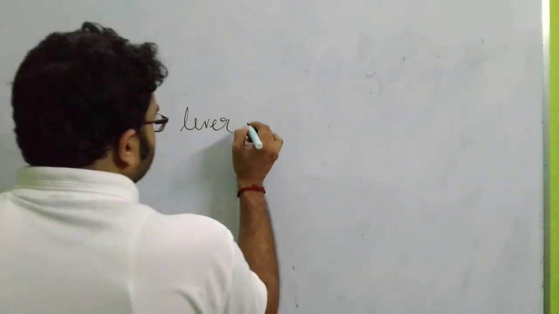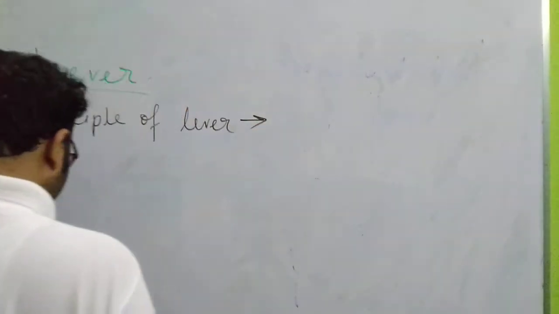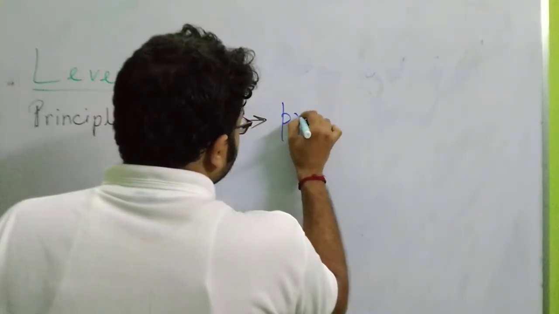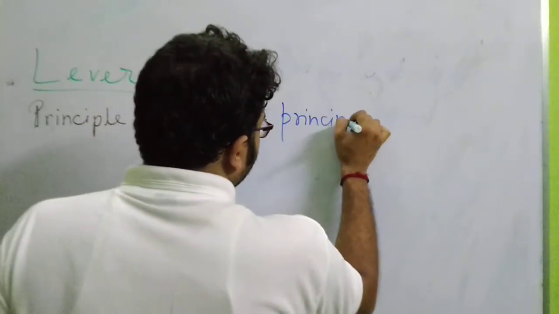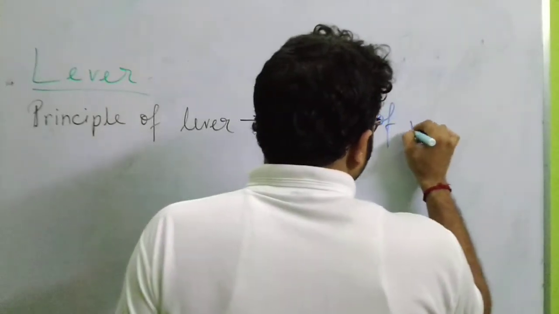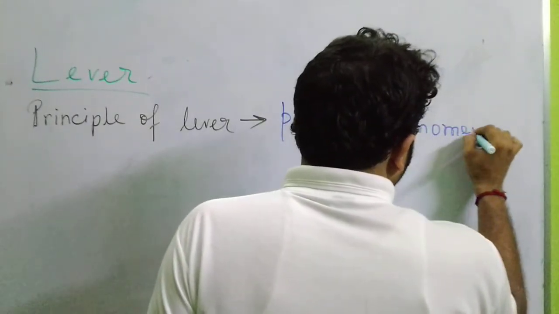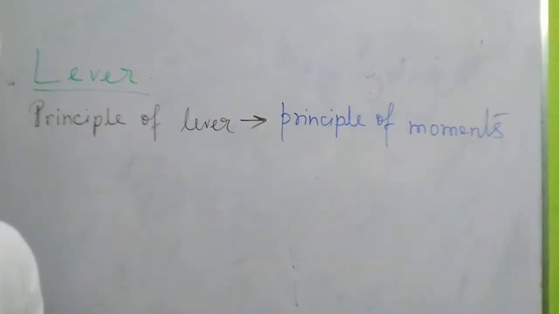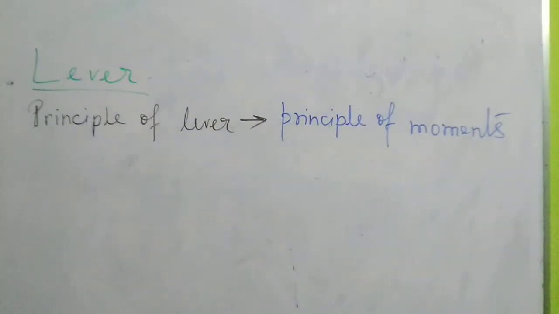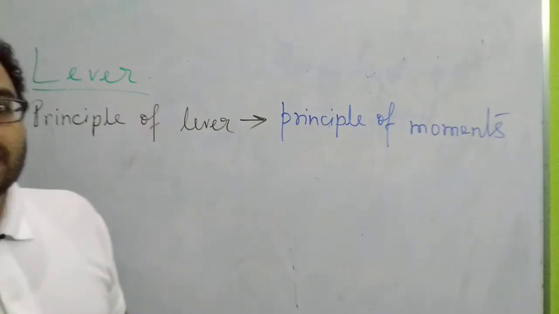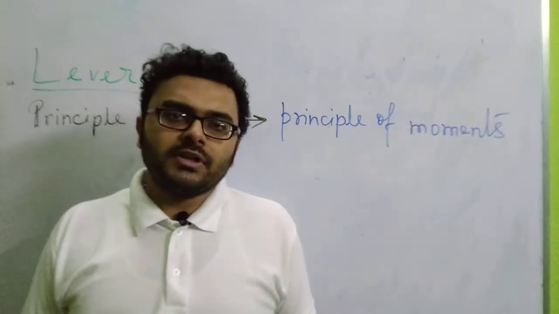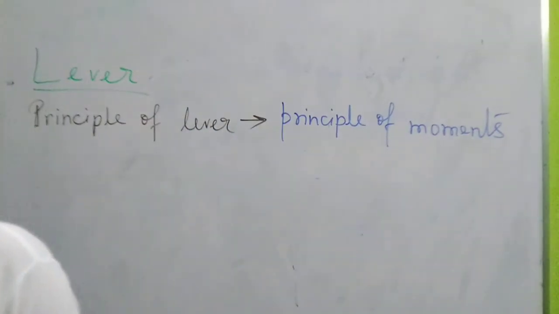The principle of lever is actually based on the principle of moments. Those who have watched the video must remember the principle of moments: under equilibrium condition, the total anti-clockwise moment about a certain point is equal to the total clockwise moment about that same point.